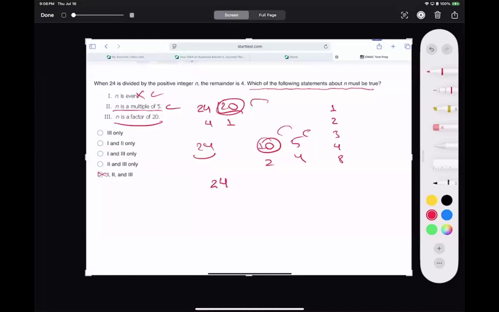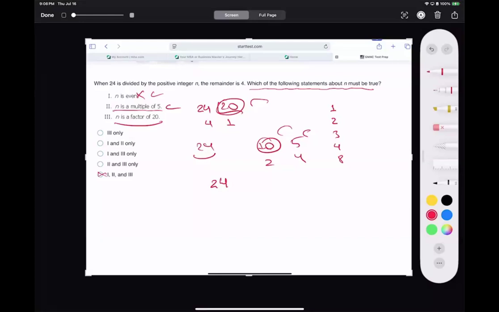To have a remainder of 4, the divisor needs to be greater than 4. Do you guys agree? So only 8 and 12. 8 plus 4 is 12. That is a multiple of, and a divisor of 24. Is that okay?